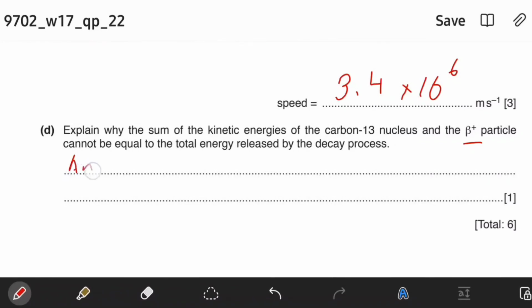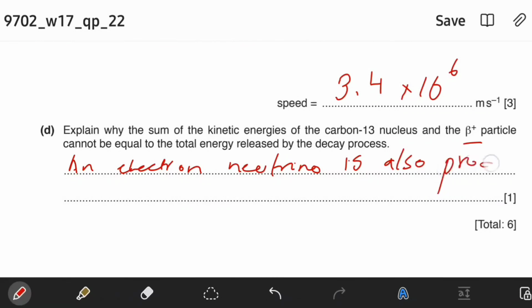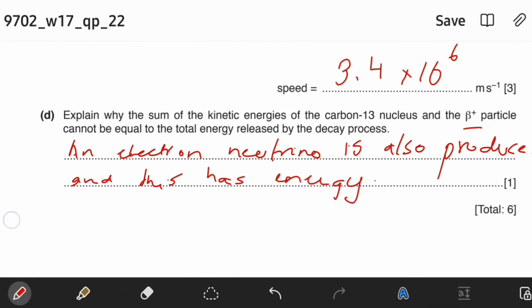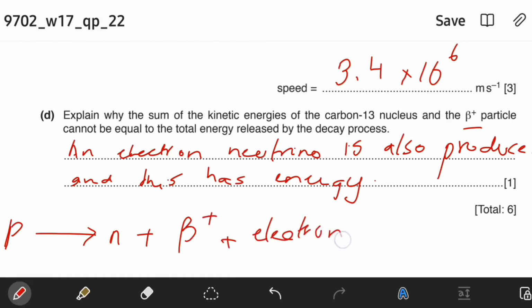So an electron neutrino is also produced, and this has energy. For more clarification, this is the general equation of decay. Memorize this.